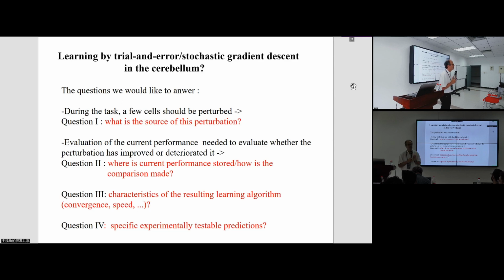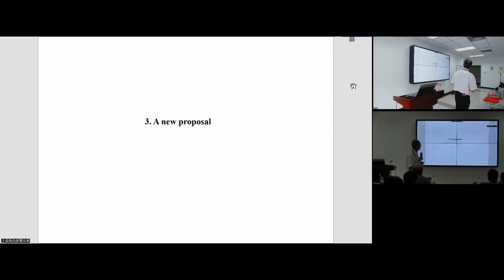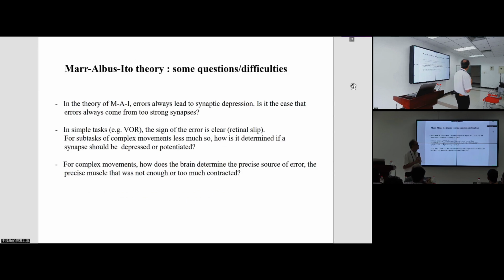Questions? Yes? Why do you need the precise source of error? I thought that the model just gives the error signal to all the... Well, if you want to achieve, say, a good movement, say a cycle, you want to know if the error is coming because you have not contracted your arm enough, or because your ankle was not at the right place.